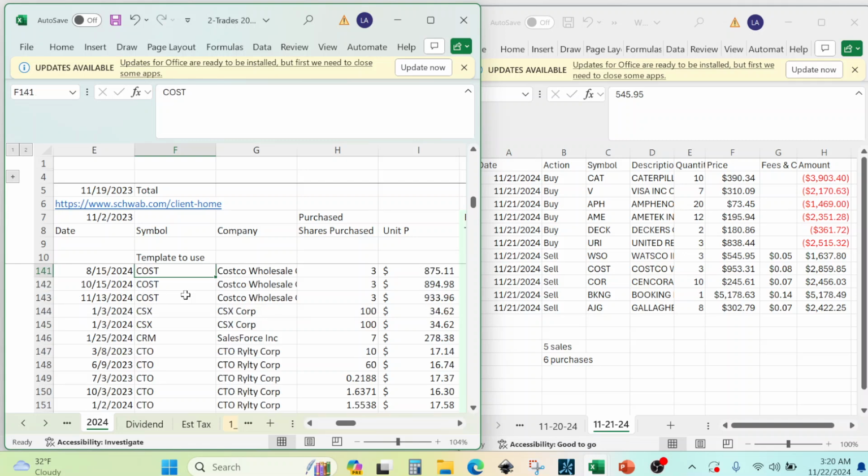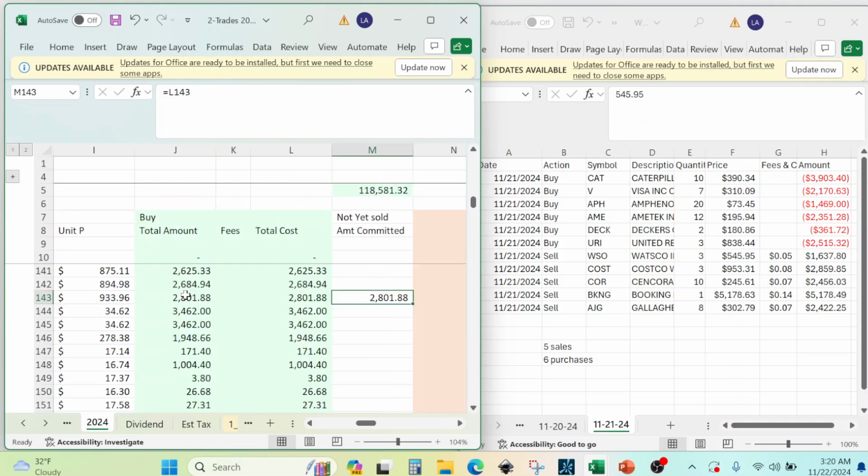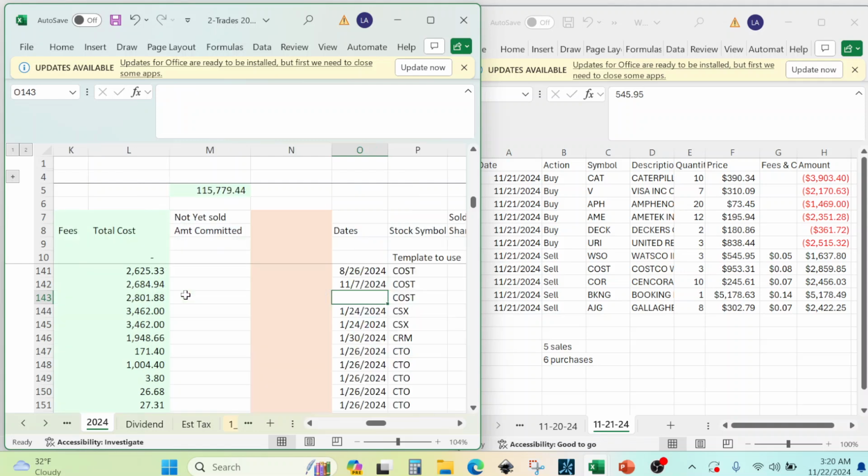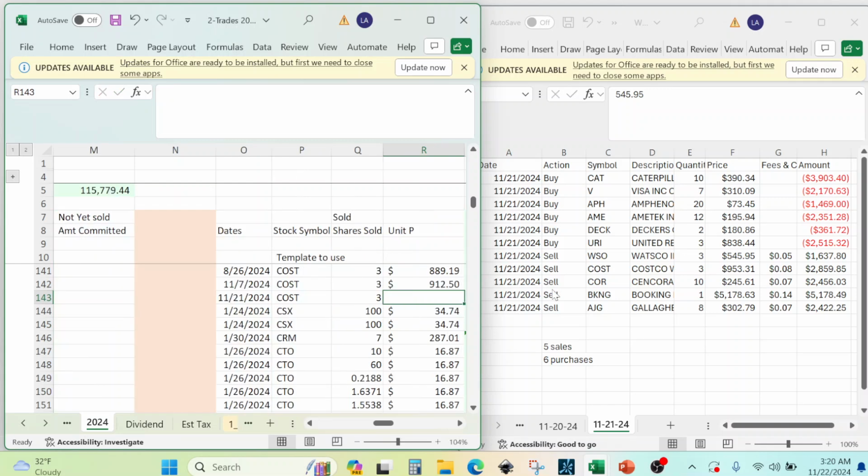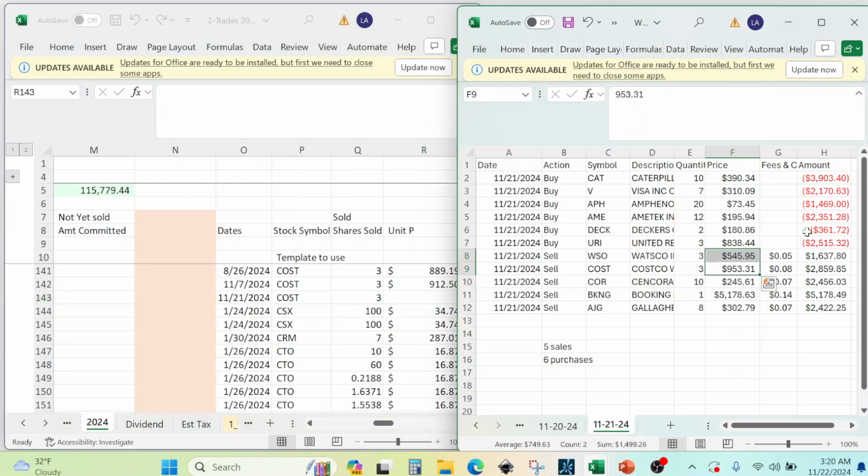Okay, Costco, we bought it on the 13th, 3 shares. Let's take our committed amount out of there. We sold it on the 21st, 3 shares for $9.53.